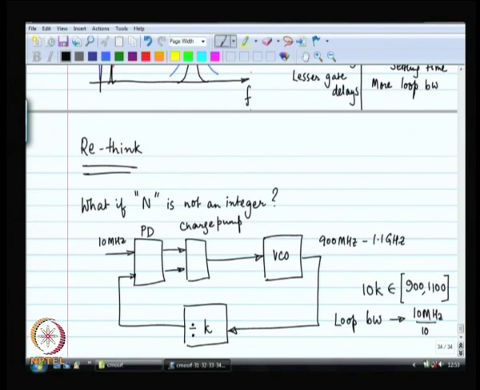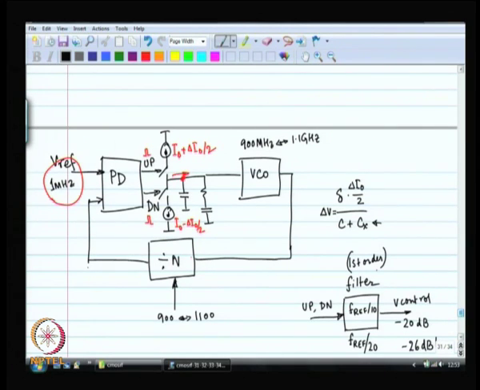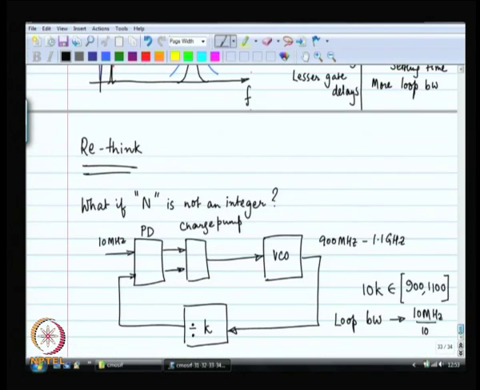So, earlier my loop bandwidth was a fraction of 1 megahertz. In this case, I have managed to increase my loop bandwidth 10 times. Isn't that nice?